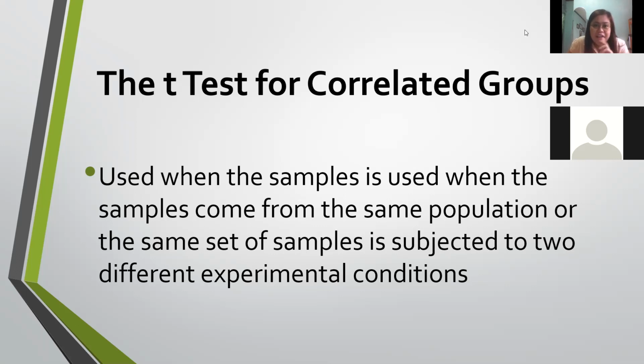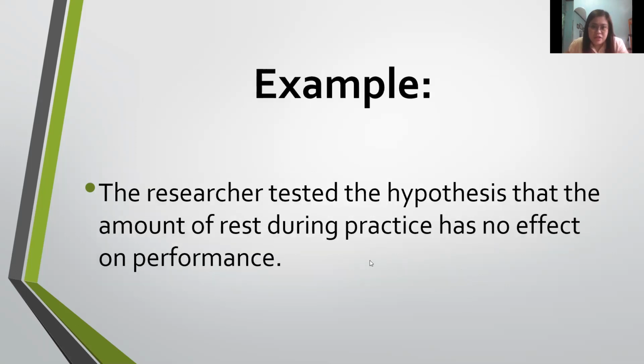There is just an intervention in between, whether it falls on group 1 or group 2. Okay? So do not forget that when you say paired t-test, your samples come from the same population, or they are the same set of samples subjected to two different experimental conditions. For example, the research tested the hypothesis that the amount of rest during practice has no effect on performance.